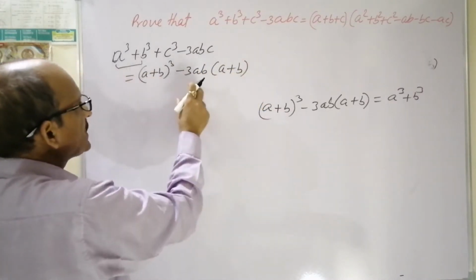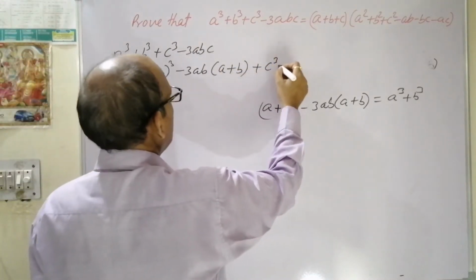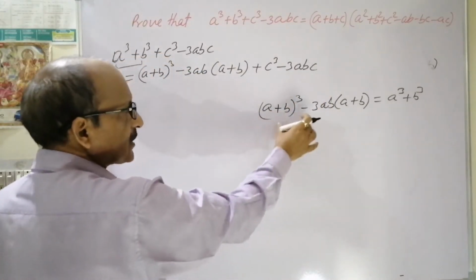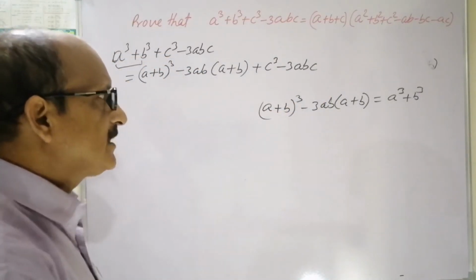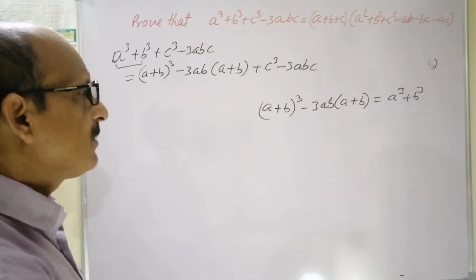This is for a cube plus b cube. The rest is to be kept as it is, plus c cube minus 3abc. Actually it is also an application of this identity: a cube plus b cube is equal to (a plus b) whole cube minus 3ab in bracket (a plus b).